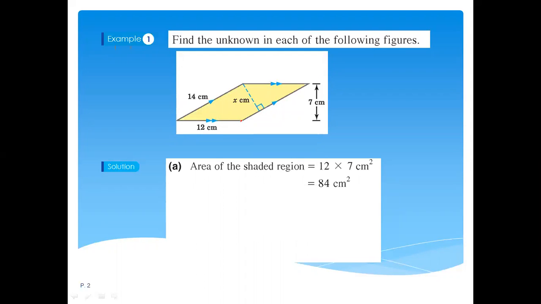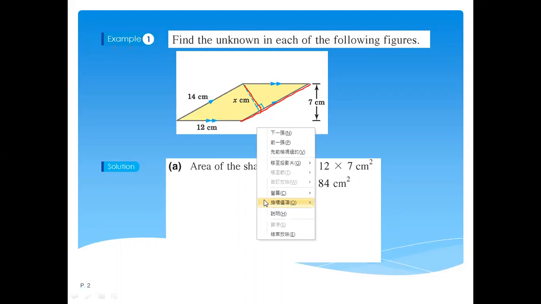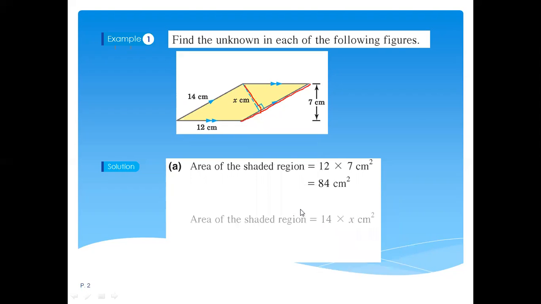Obviously, this line is the base with the height x. So you may just find the area in another way. The base times height, which is equal to 84. So you can find x.